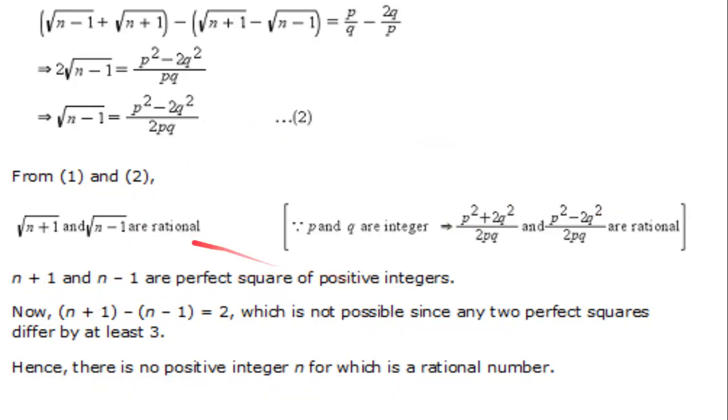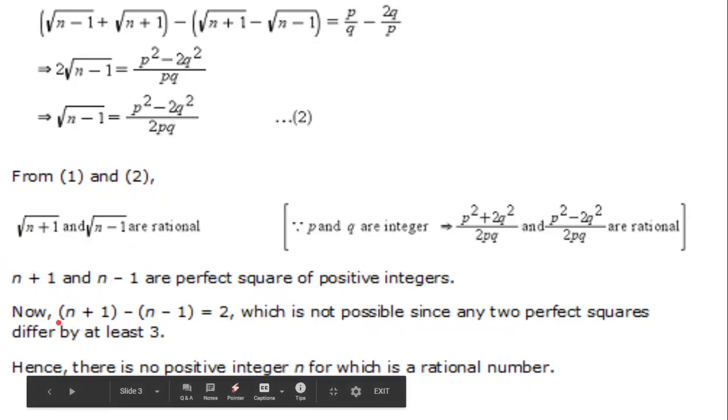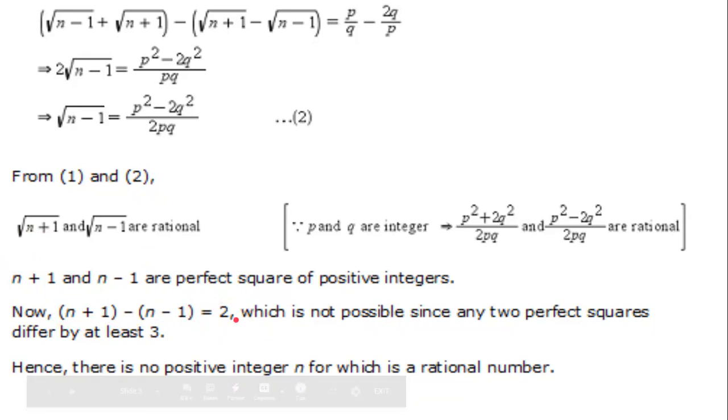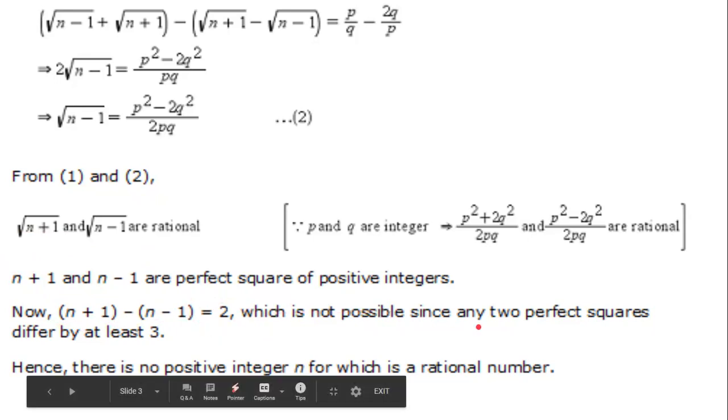These two must be perfect squares of positive integers, and we will have the difference of these two numbers as 2. If we subtract n minus 1 from n plus 1, then n will cancel out, we have 2 here. So this is not possible since any two perfect squares differ by at least 3.